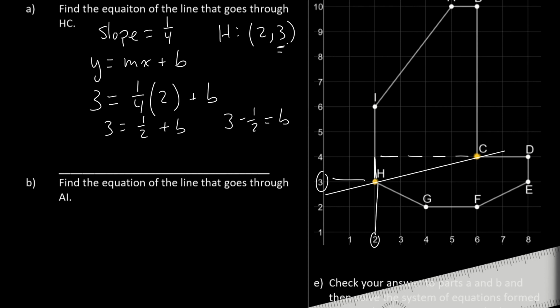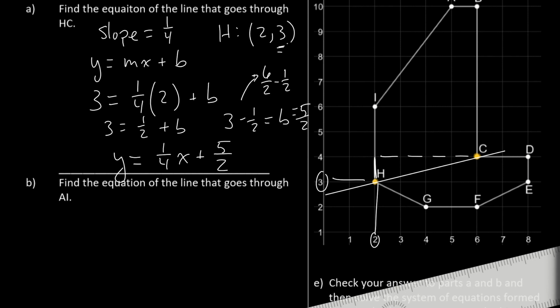Or I could do it this way: 3 is 6/2, so 6/2 minus 1/2 is 5/2. So b is 5/2. I would write the equation of the line as y equals 1/4 times x plus 5/2. Fabulous. That is the equation of that line.